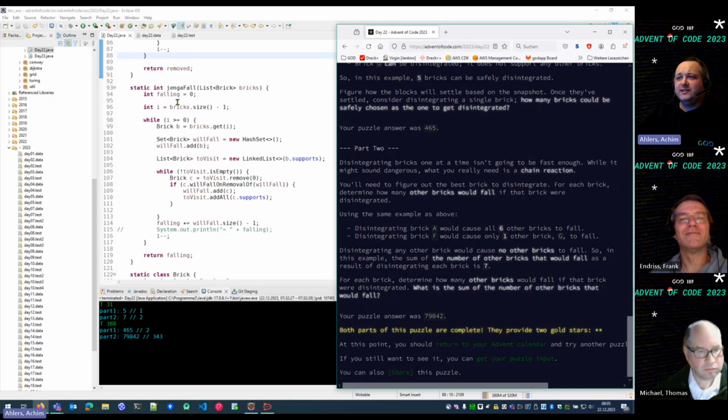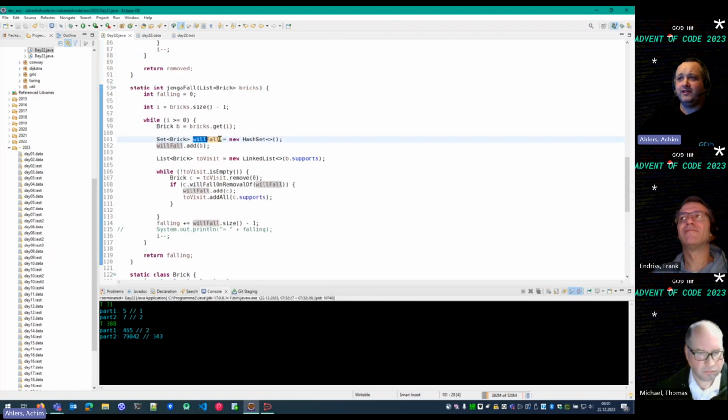So what I'm doing, again, I'm going through my pile of bricks, and I have this set of bricks that are falling. The one brick that I'm removing, I add into the set, and starting from that brick, I go through any other brick that is supported by this one.